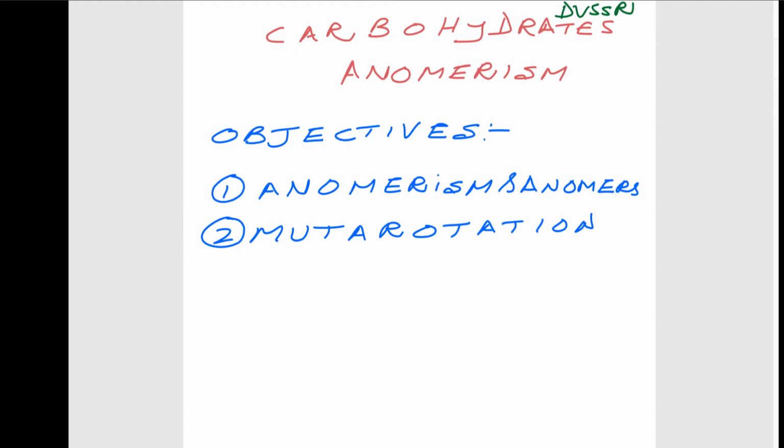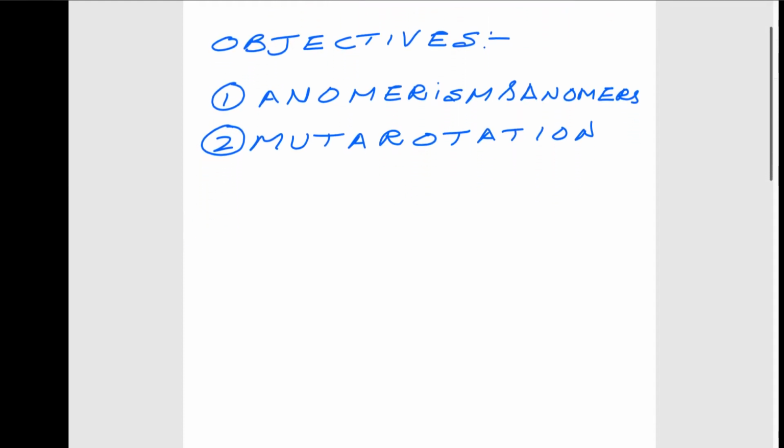Before knowing about anomerism and anomers, let us discuss the intramolecular arrangement in an exosugar. The intramolecular arrangement in an exosugar takes place between the aldehyde or keto group with the alcohol group. Let us first take up the aldoses.